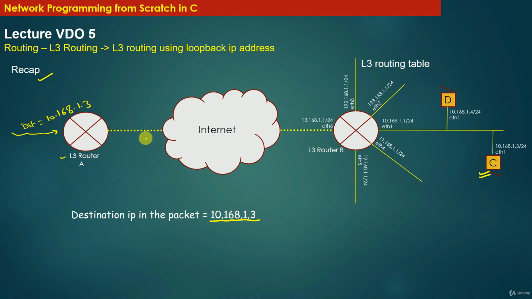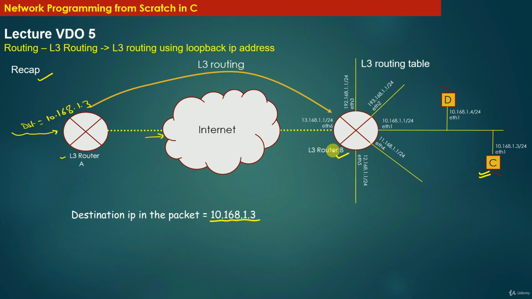The packet goes in the internet, and the internet is nothing but a complex topology of hundreds of L3 routers. Let us say that all those L3 routers present in the internet route the packet, and let us suppose that the packet eventually reaches the L3 router B via L3 routing.